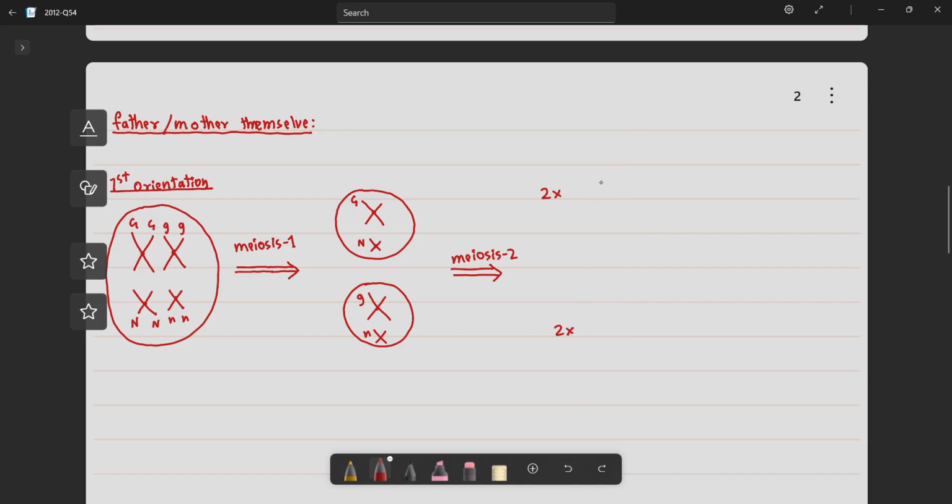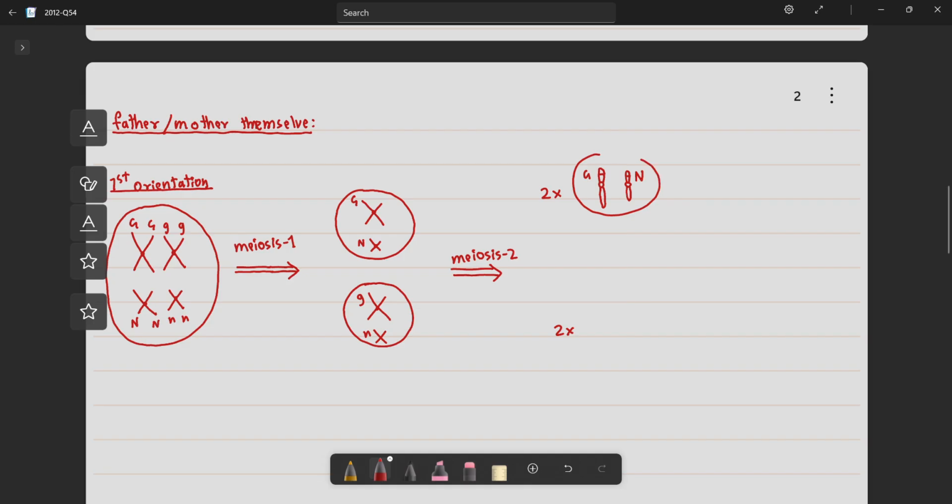I'm going to draw it more clearly: just a single unpaired chromosome, not a duplicated chromosome, just a single chromatid of each chromosome. This chromosome carries the gene G, and the other one the gene N.